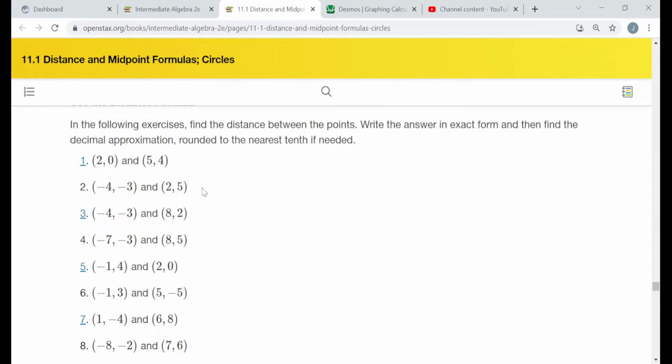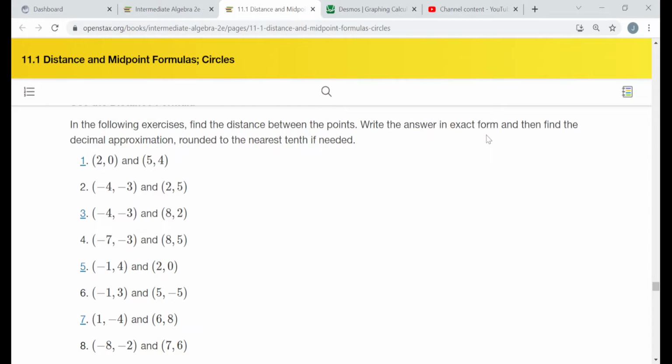Alright, so in each of these exercises, we're asked to find the distance between the points. That's how far apart are they? How many units apart are they on the xy coordinate plane? And we're asked to write the answer in exact form. Now, exact form just means, don't punch it in a calculator, don't round it.